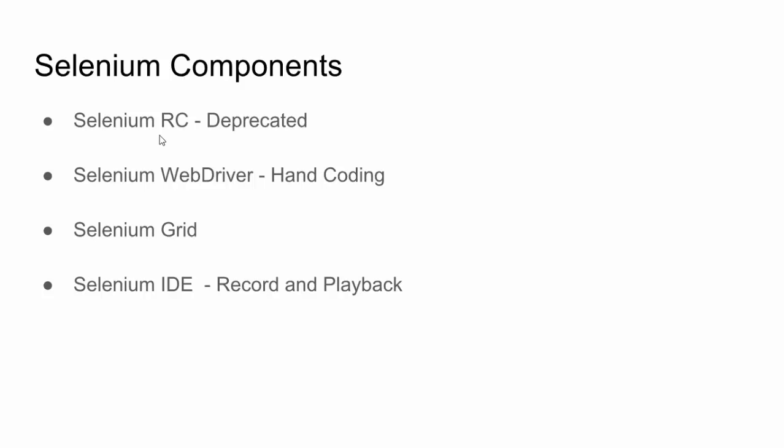This was used mostly with browsers which support JavaScript. The next one is Selenium WebDriver. This is the one which is currently widely used, and it requires hand coding of Selenium scripts and supports major languages such as Java, C#, Python, PHP, Ruby.